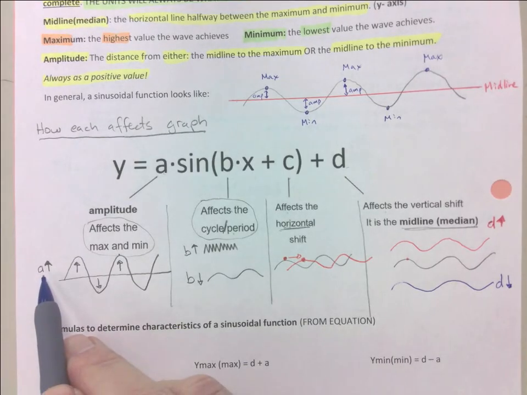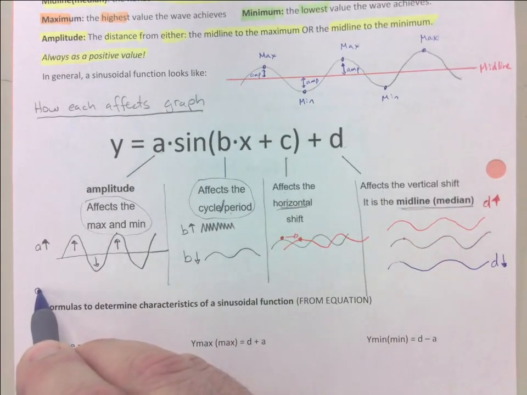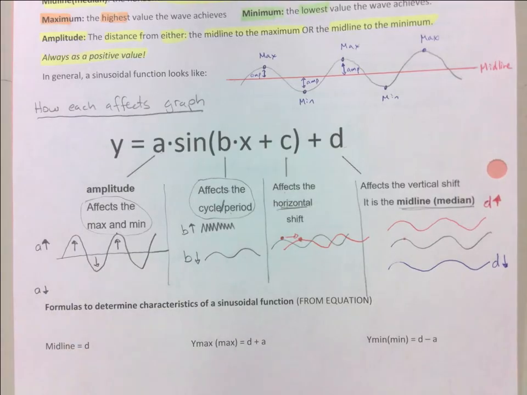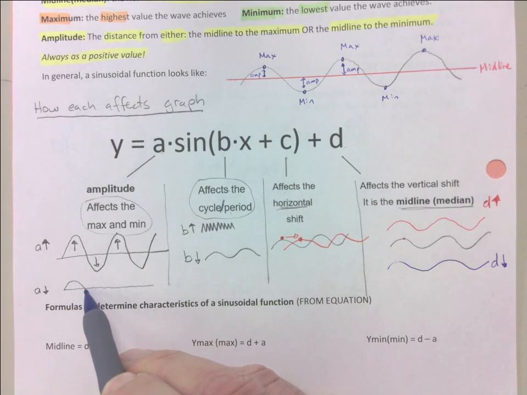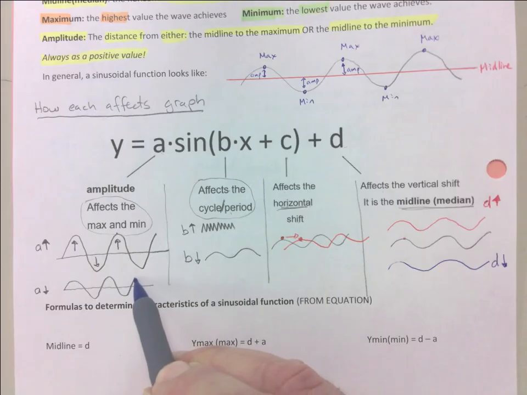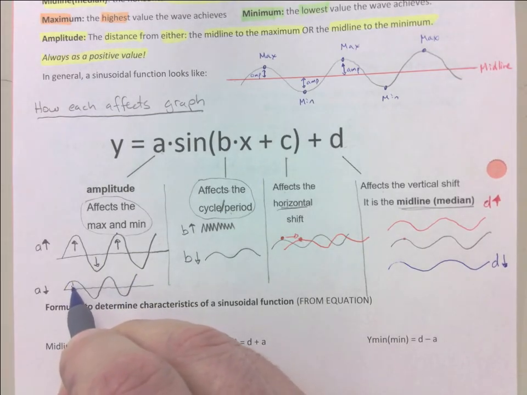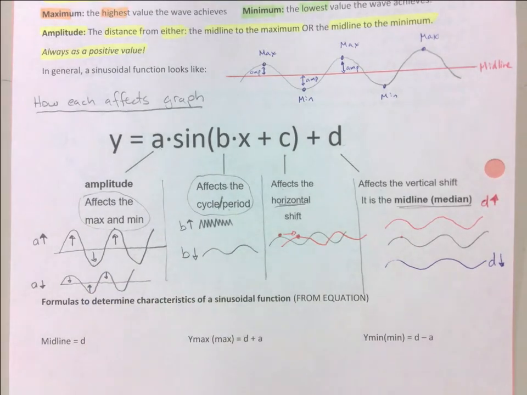The more you increase it. If you were to decrease A, if you were to make it smaller, if this is your midline here, they would actually come closer and it wouldn't be as exaggerated, right? So these caps will come closer to the midline if you decrease it. So that's the effect that A has on the graph.